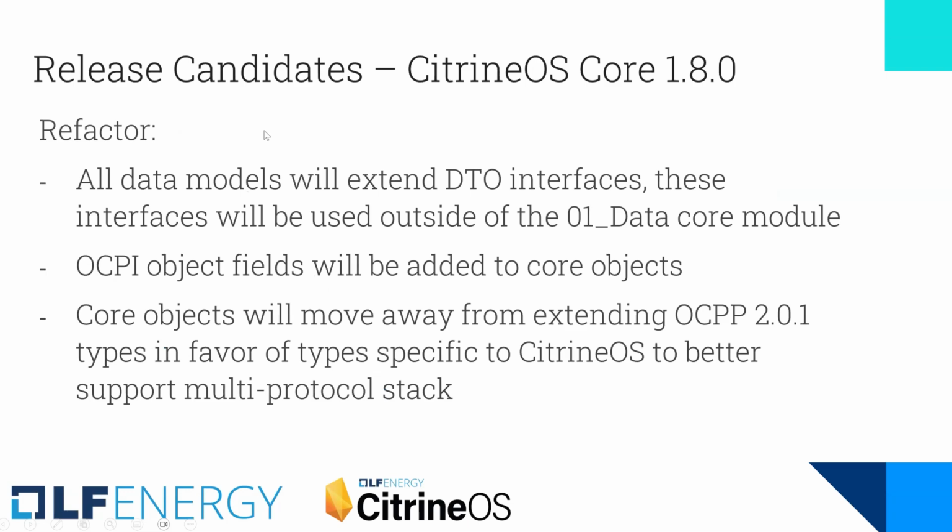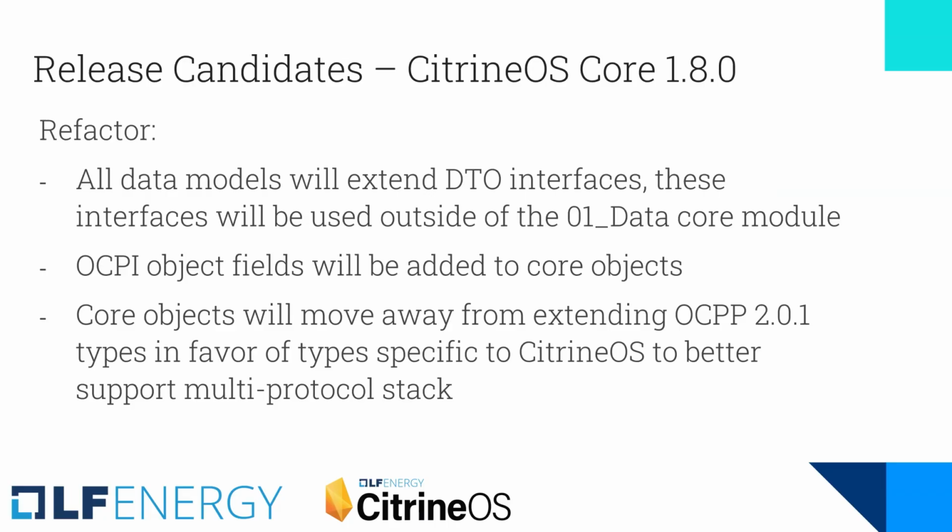So what we're currently working on is a pretty large change to both CitrineOS Core as well as CitrineOS OCPI. Our goal is to improve the OCPI 2.2.1 layer and make it its own microservice mesh separate of the microservices in CitrineOS Core.